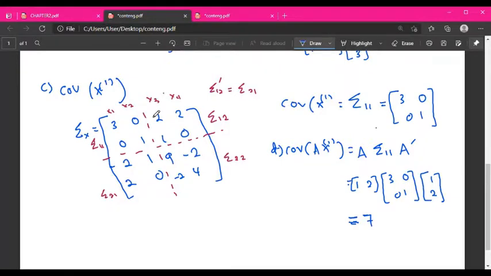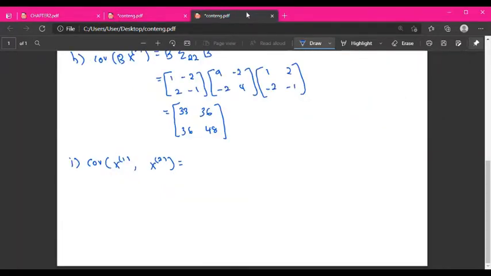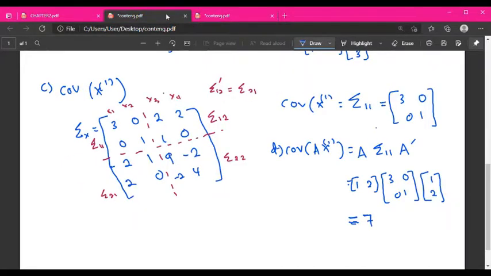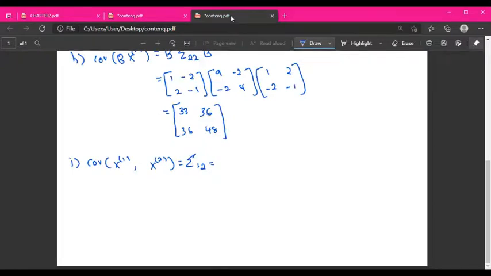Okay, so ini adalah, actually adalah covariance between the first group and the second group. Big sigma of 1, 2. So this one actually adalah big sigma of 1, 2. Covariance between the first group of linear combination and the second group of linear combination. Okay, so it is tadi 2, 2, 1, 0.